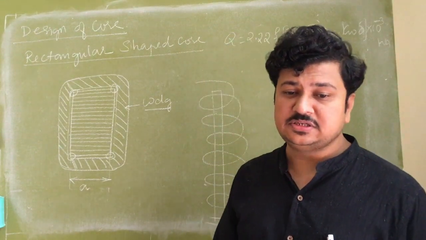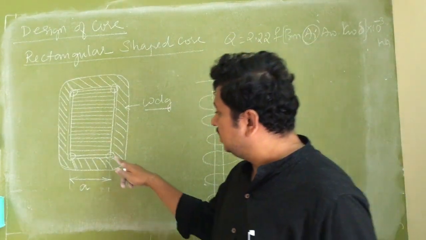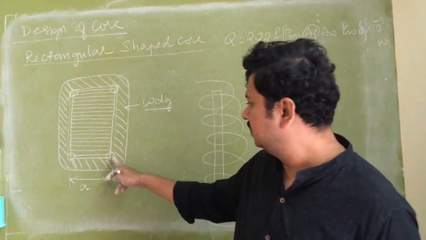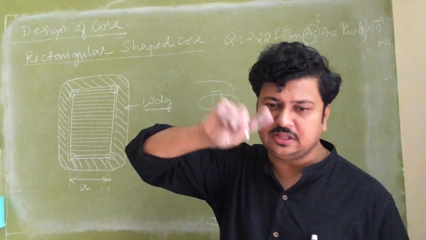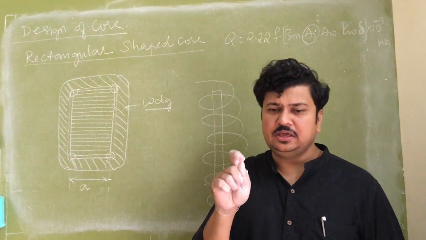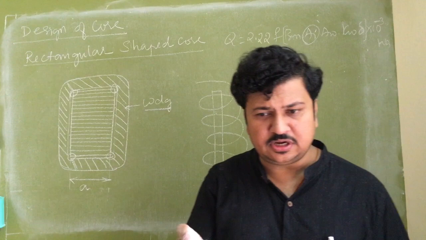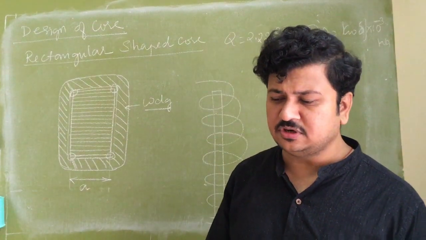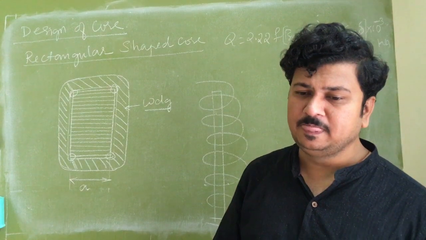In such case, if the insulation of the conductor fails because of the large mechanical stresses at the edges, then there is a tendency of short circuit between the turns.